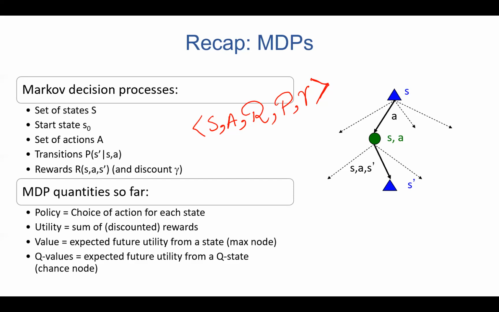Okay, so we have a set of states exactly the same as in search problems, and a set of actions exactly the same as the set of actions in the search problems. What we have is the transition probability. Remember in expectimax, we said that we are at a current state, and there is a probability associated with each of the possible actions that we can take in the next step.